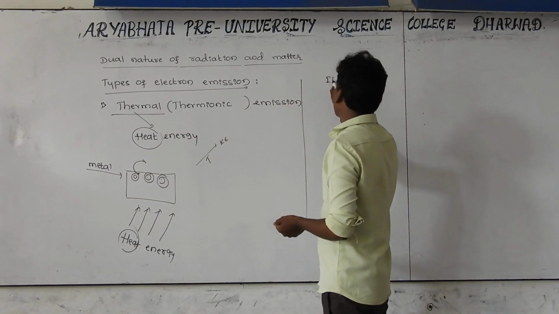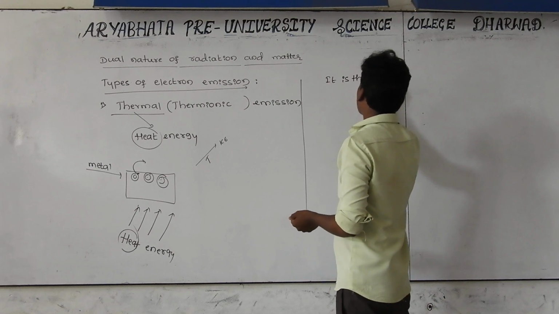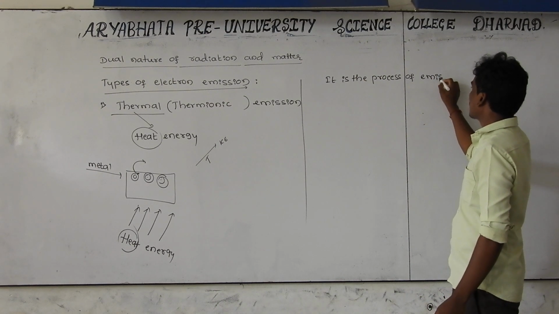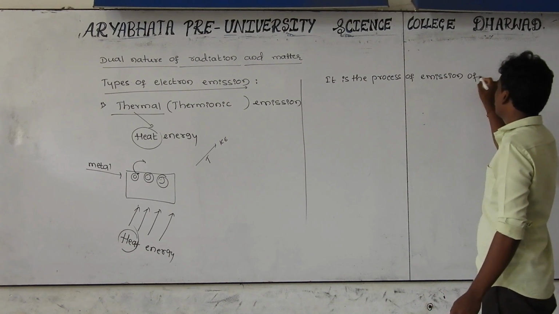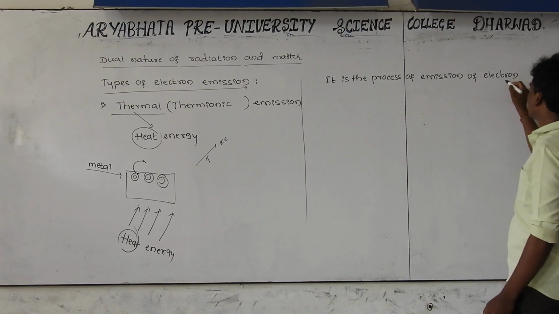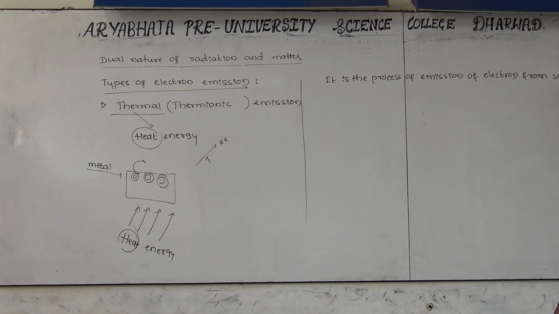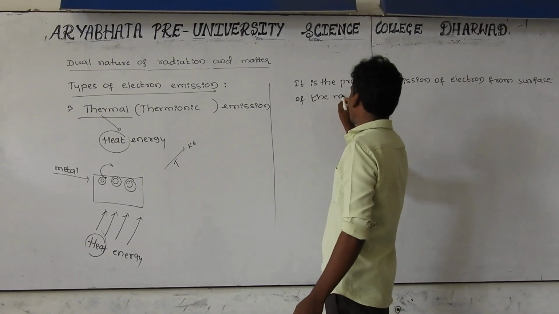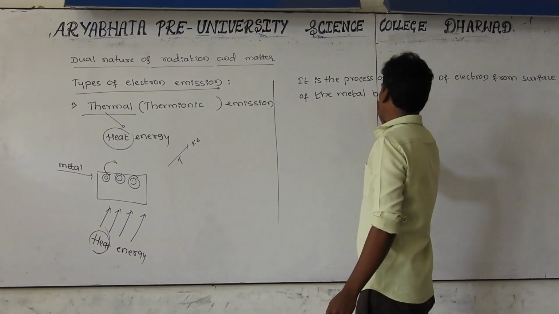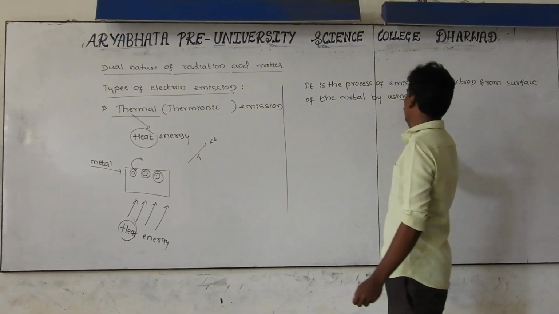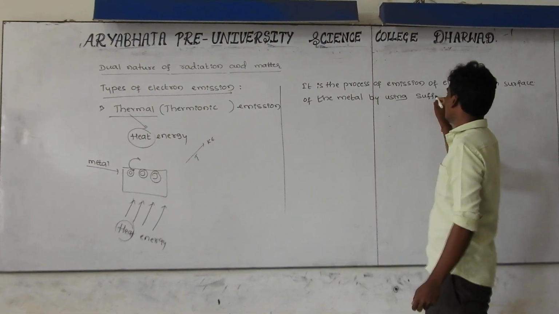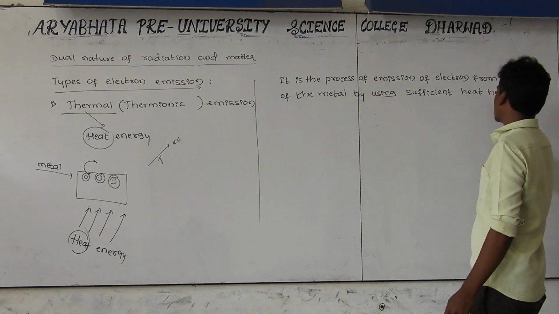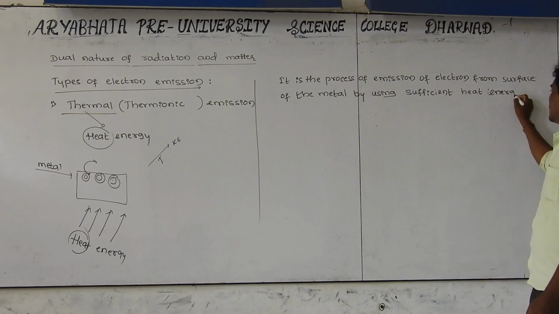It is the process of emission of electron from the surface of the metal by using sufficient heat energy, or thermal energy.